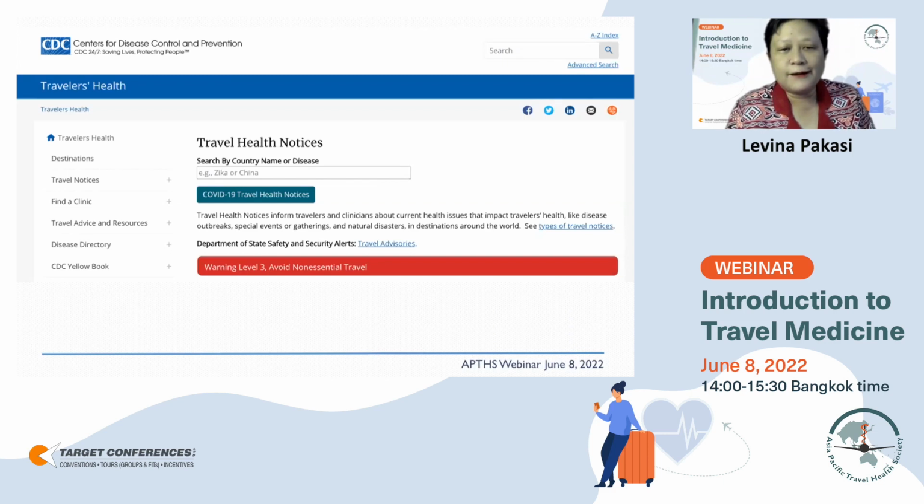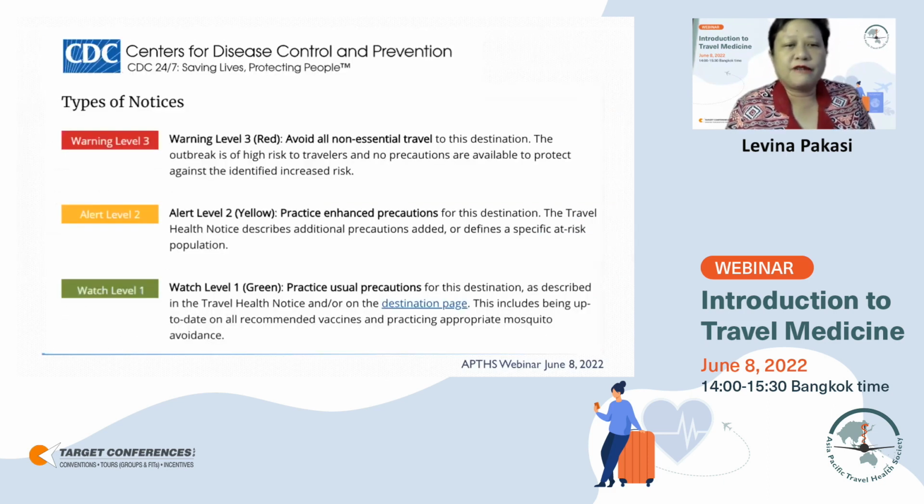It is a warning level, with some colors: level 3, level 2, and level 1. If you want a quick look, you can find on the CDC website which country has a warning level, even level 4, meaning you cannot travel at all to a specific country.